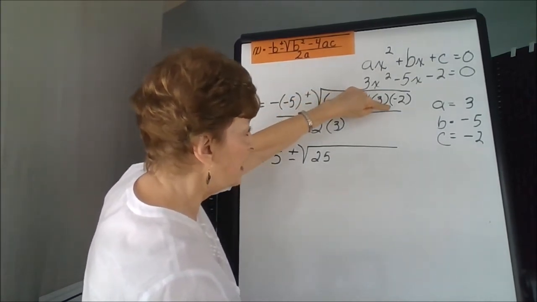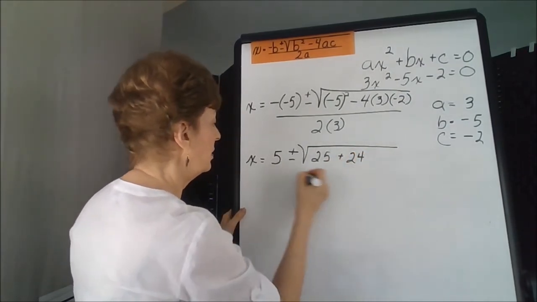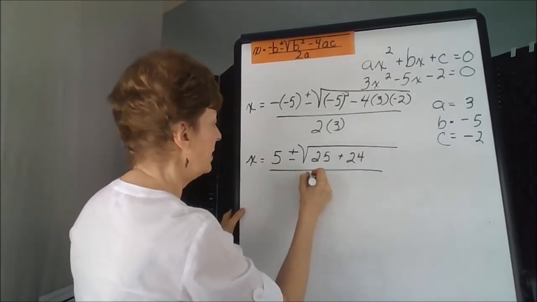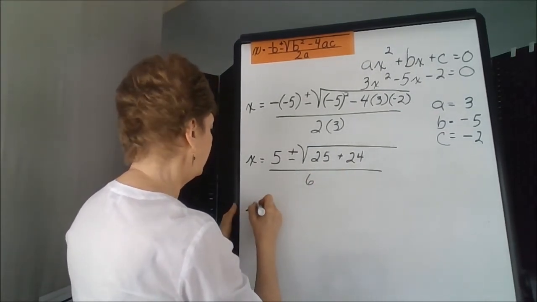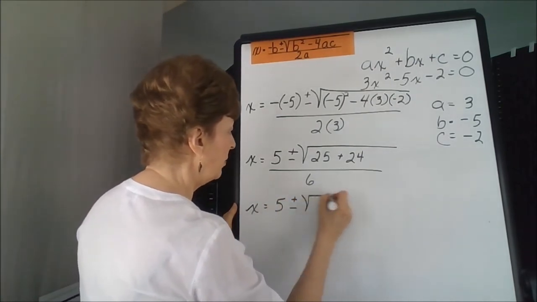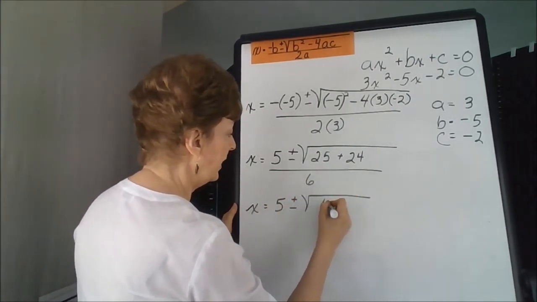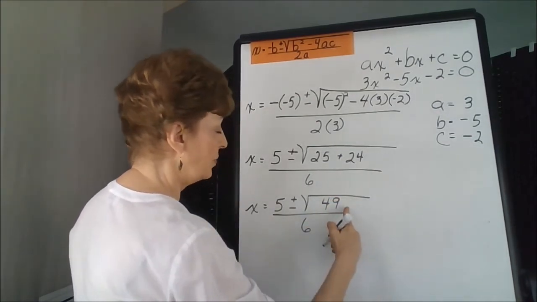Negative 12 times a negative 2 is a positive 24, divided by 6. Combine our terms, 5 plus or minus the square root of 49, divided by 6. Well, that's sweet.